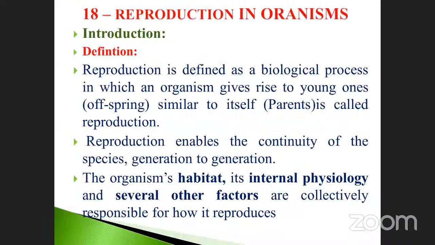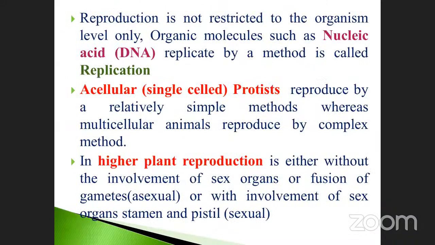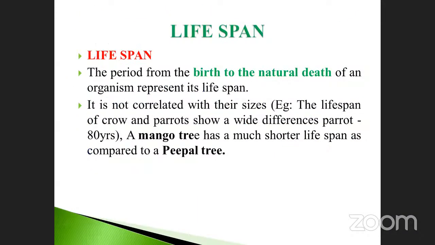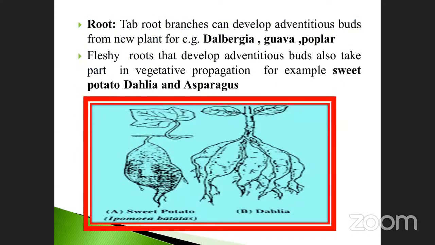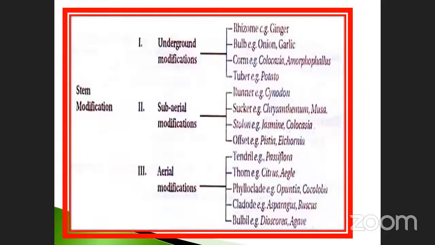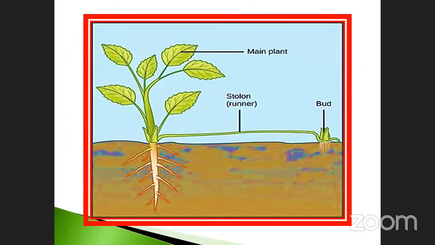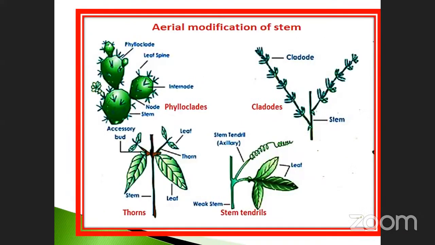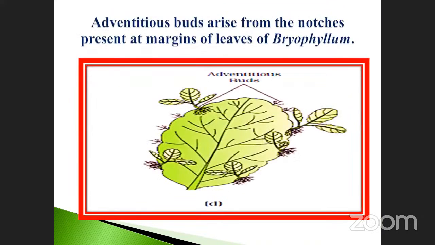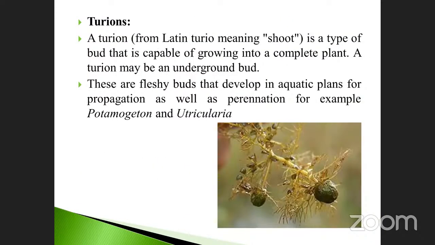So already we discussed all those things in the past. So now we are going to discuss, any guess? Asexual reproduction finished completely?